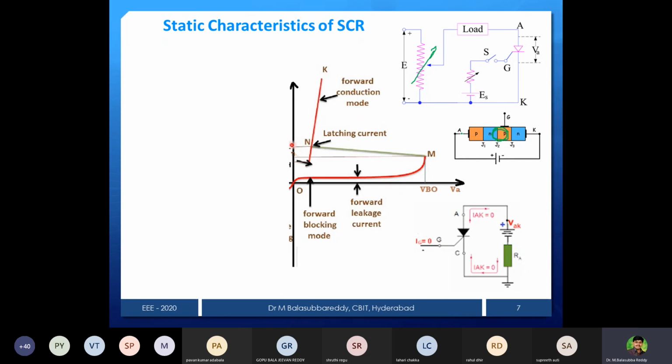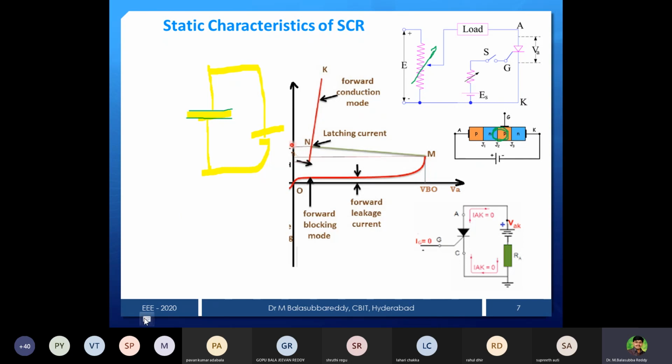Because the flow is stopped at this moment, some depletion layer width will be present. You can see in this area, this is the width of the depletion layer. We are applying some voltage across this point, so the width is inversely proportional to the applied voltage.